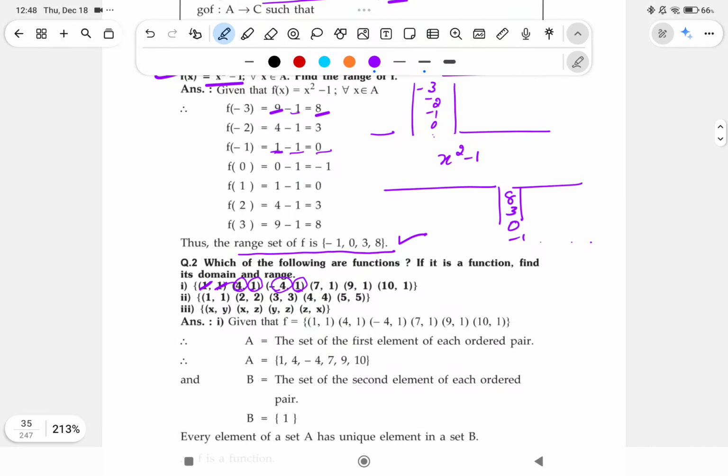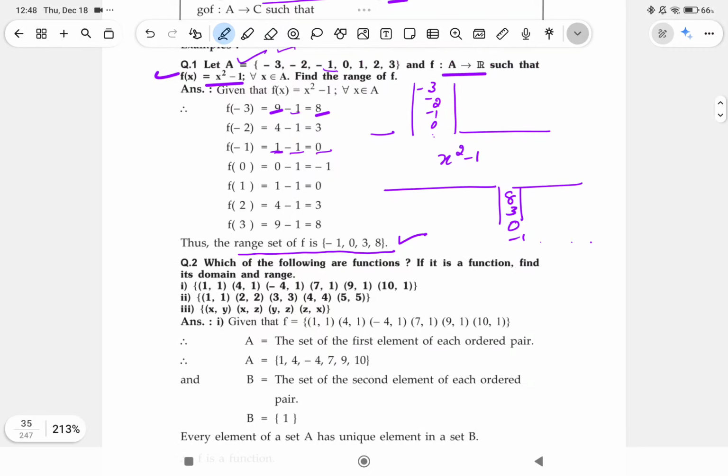The numbers that come first, that means 1, 4, minus 4, 7, 9, 10, all these are your what? Domain. And whatever number comes on the second side, that means after putting something in the machine, every time you can see the number that comes out after operation is 1, 1, 1, 1, everywhere it is 1.